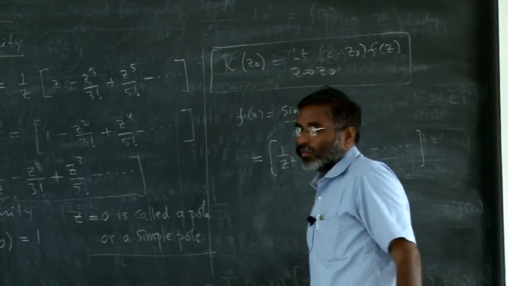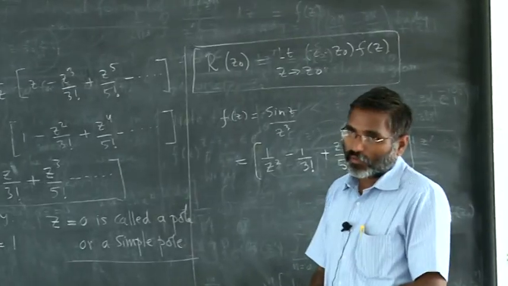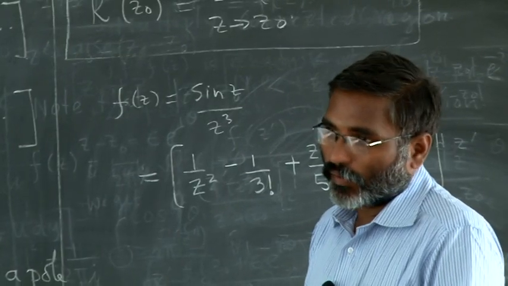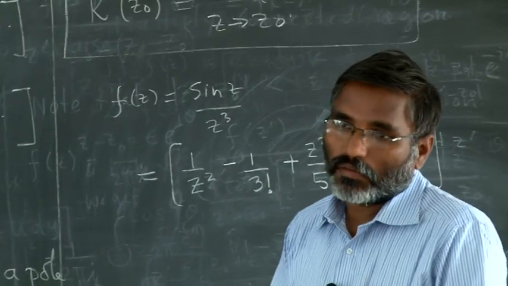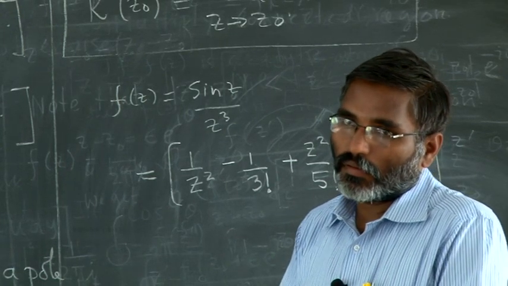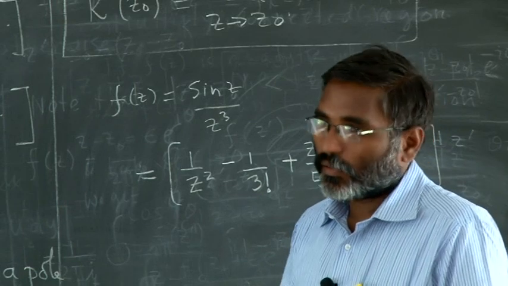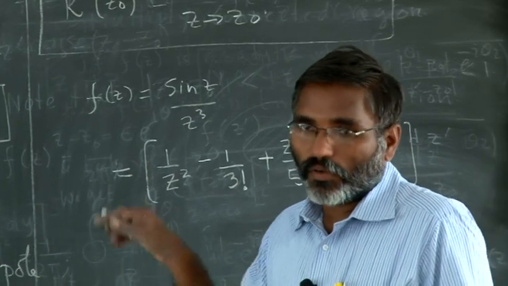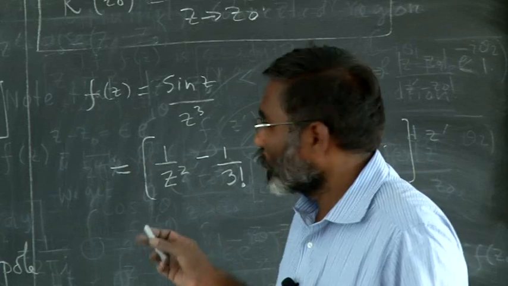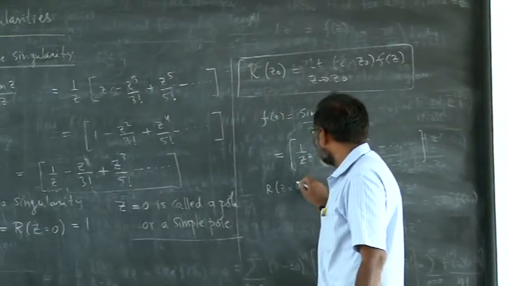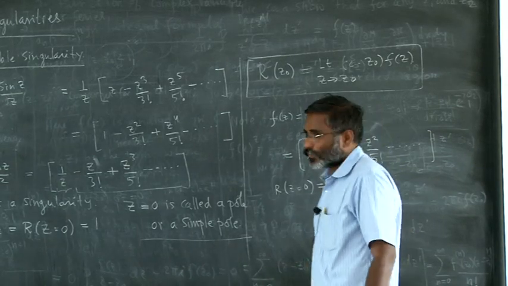Here also we have negative powers. Correct? But what is the residue? The residue is 0 because we don't have 1 over z. So the residue of this one is equal to 0.